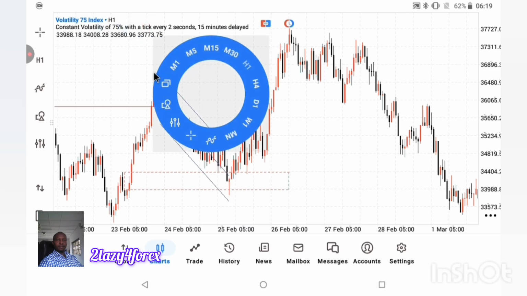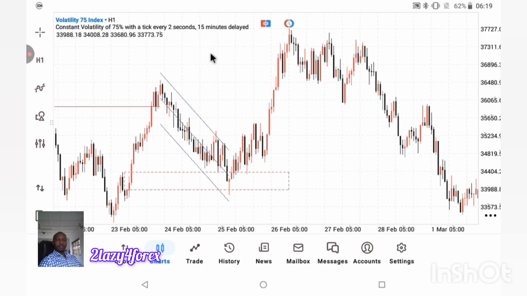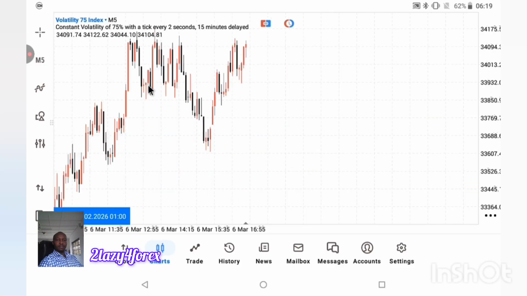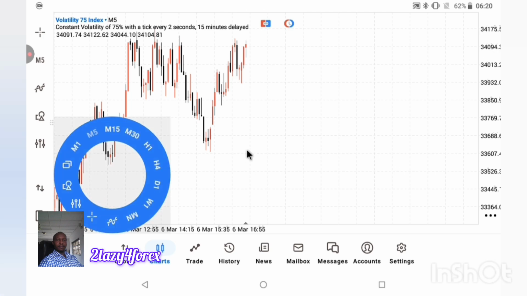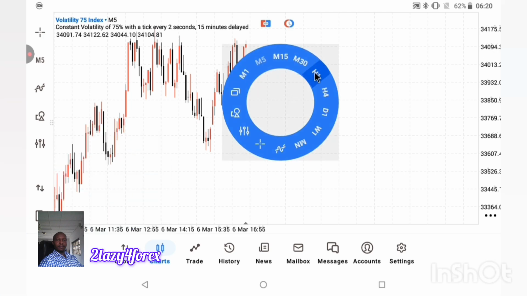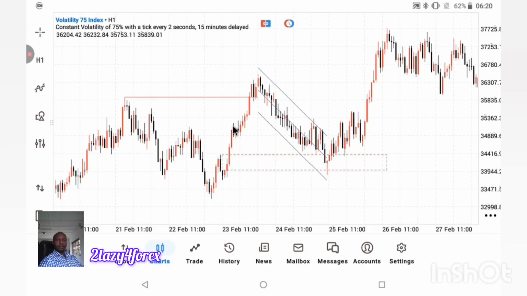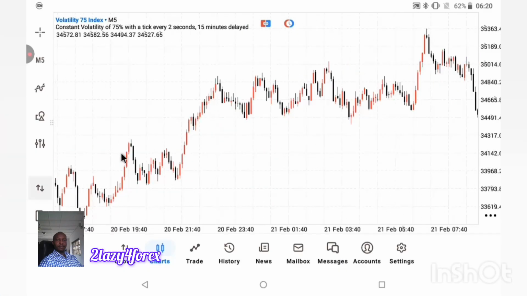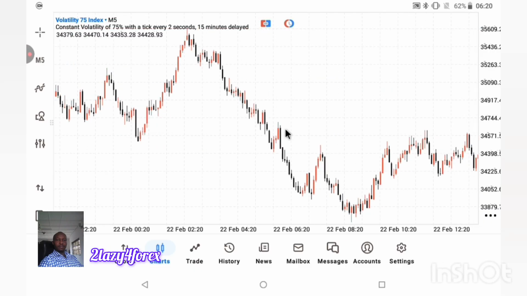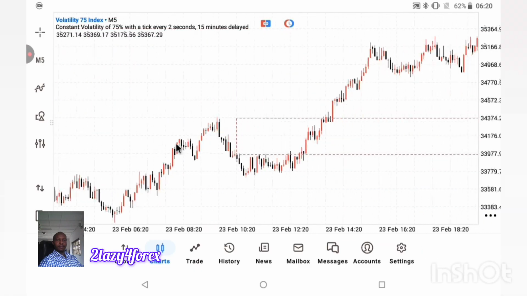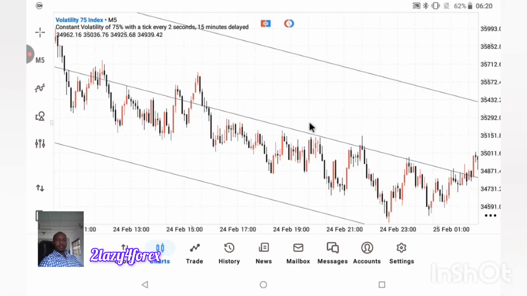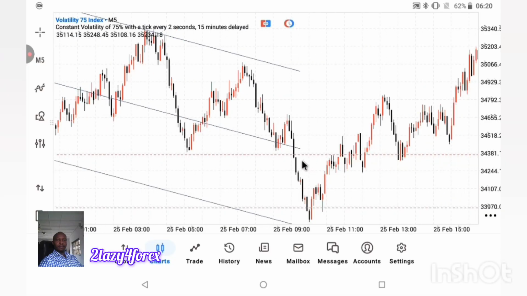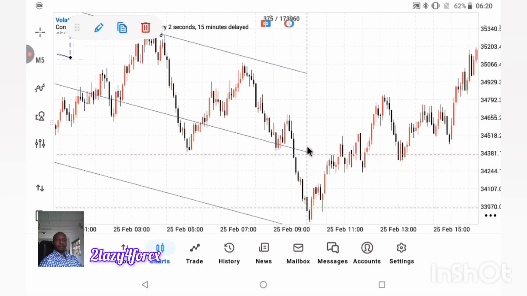You can either pull it from 1 hour chart, you fix it on 1 hour chart, or you go into your 15 minutes chart, your 5 minutes chart to go and fix it there. So make sure you adjust it properly.